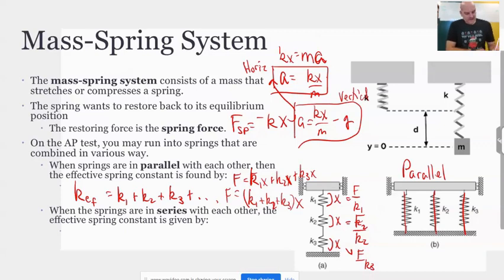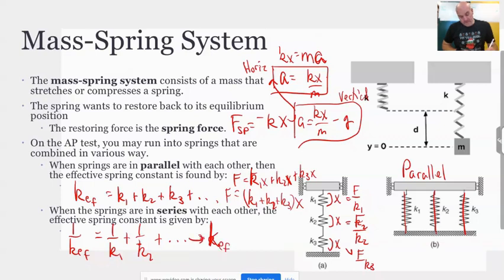And so the effective spring constant is 1 over K1 plus 1 over K2 plus so on. To get your effective K, you have to do that sum to the negative 1, so you take 1 divided by all that.